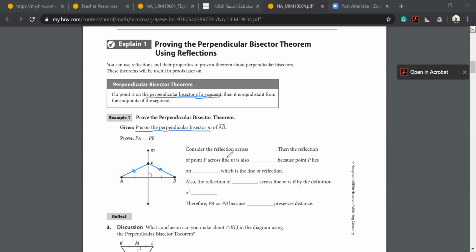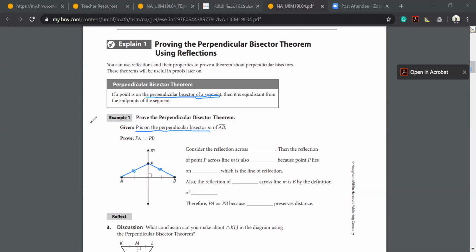Actually, to prove this kind of theorem, there are many ways, but your book chose to do this proof using reflections. When you are doing the homework, maybe tomorrow, we will have other ways to prove this theorem using statements and reasons, which will be much easier. But let's use the book's way using reflections.